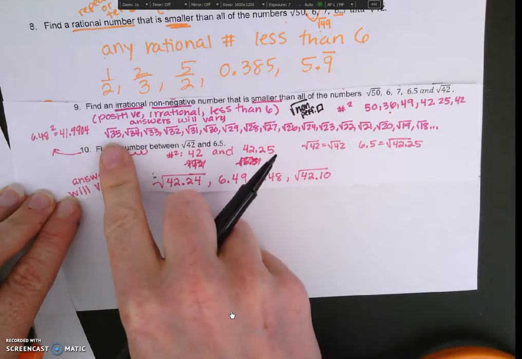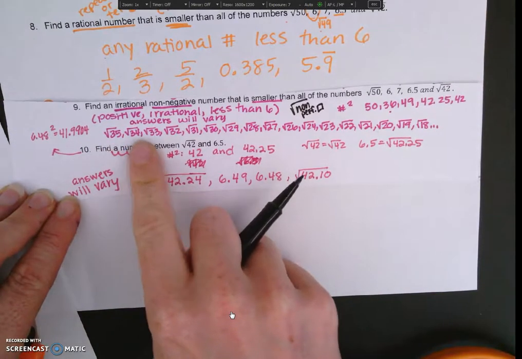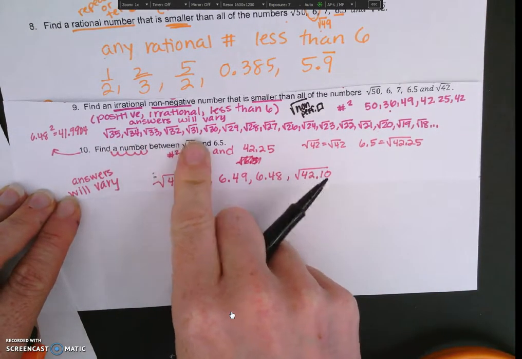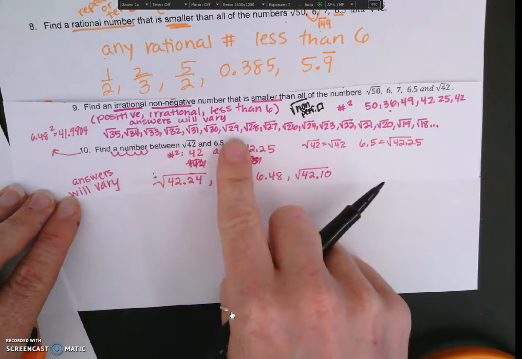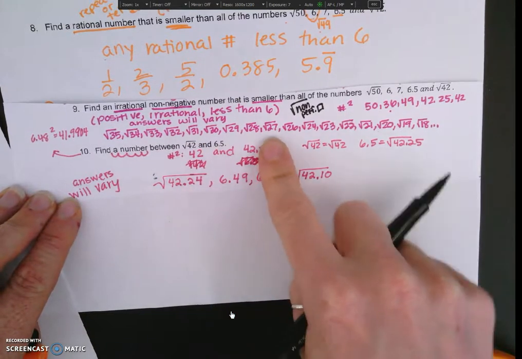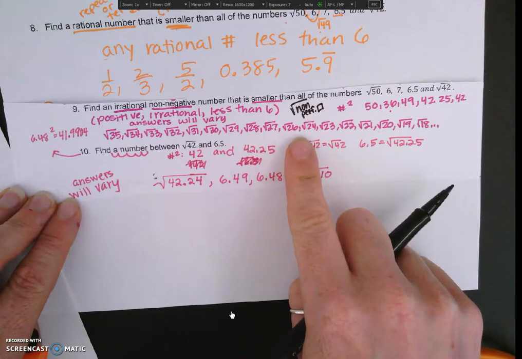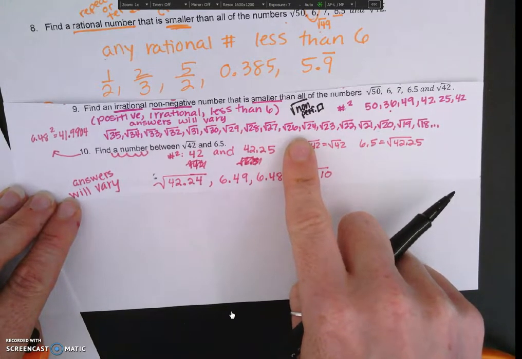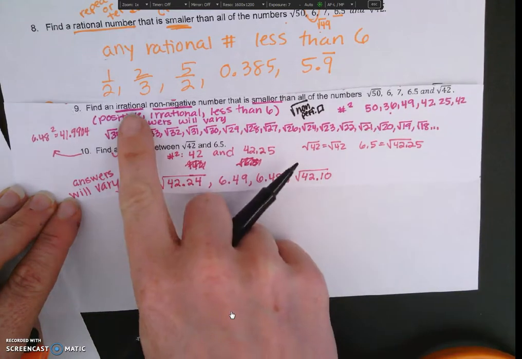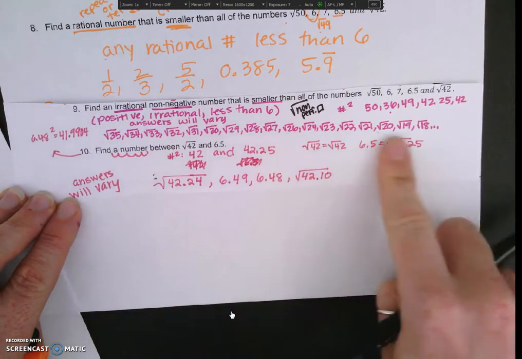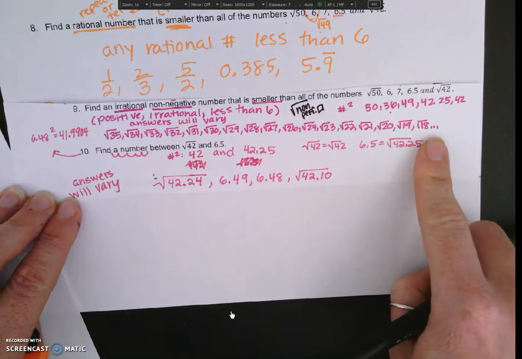Radical 35 is less than 6. Radical 34 is less than 6. Radical 33, radical 32, radical 31, radical 30, radical 29, radical 28, radical 27, radical 26. Why did I skip radical 25? Oh, because that's a rational number. That equals 5, and we need irrational numbers. And then I continue down my list.